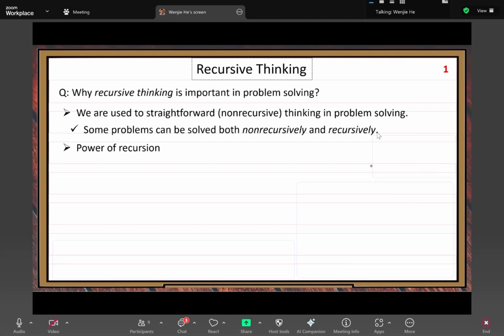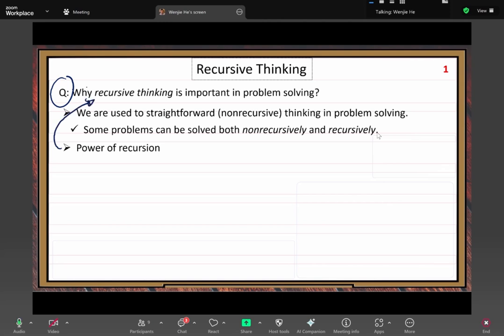Next, in this part A, I want to show you the power of recursion. Remember, to answer the first question, why we use recursive thinking, the answer is here: it is very powerful.